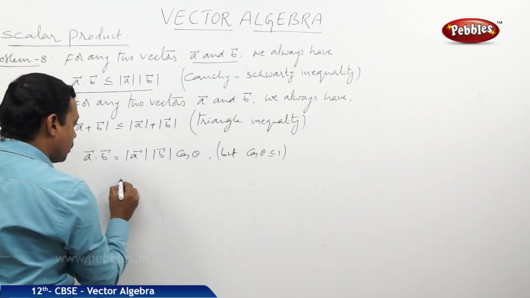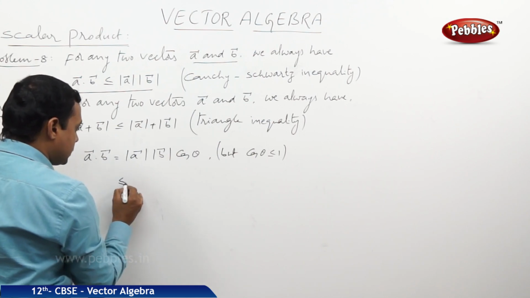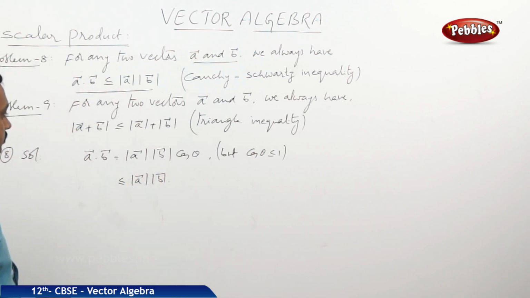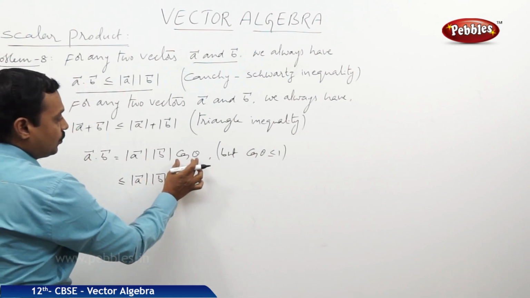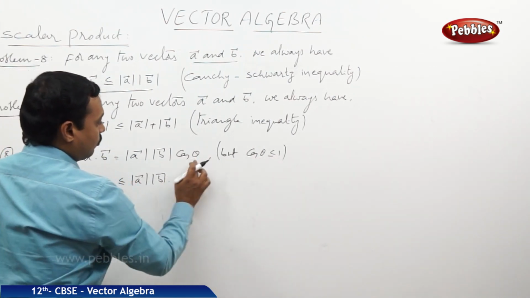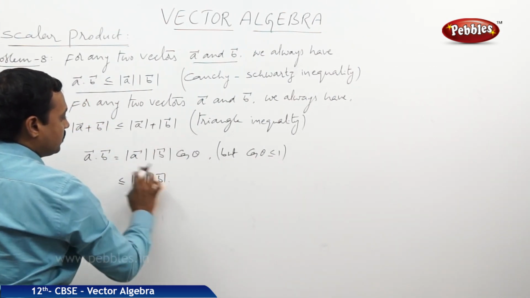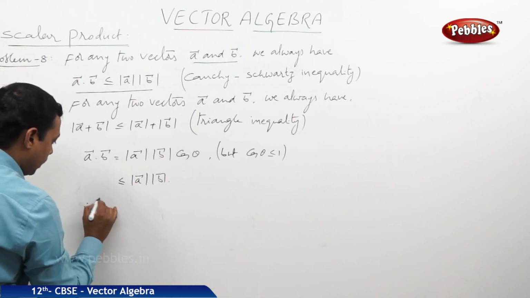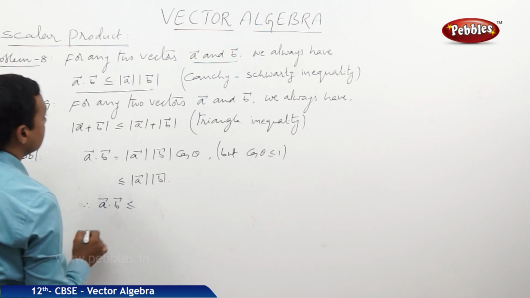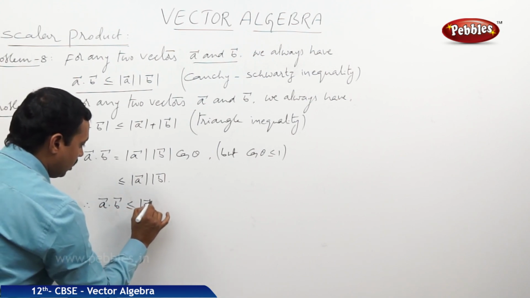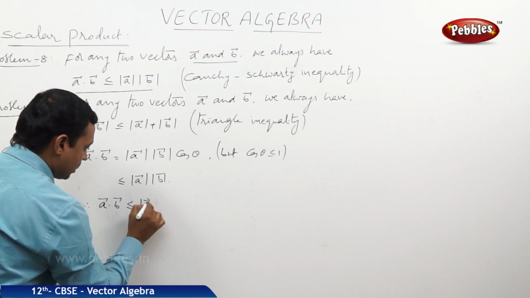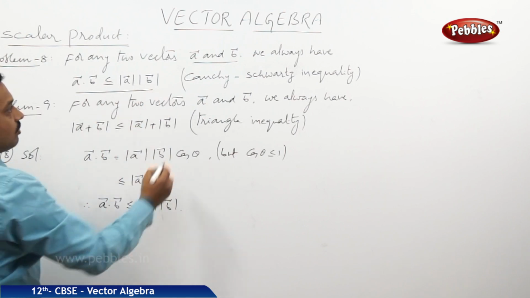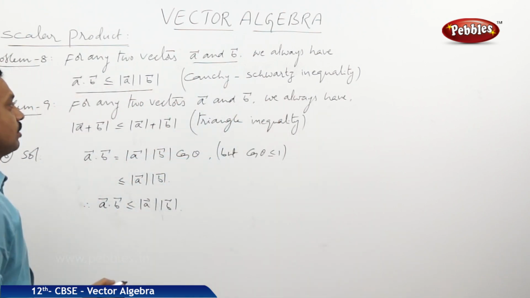Therefore, this product must be less than or equal to mod A into mod B, since it is mod A into mod B into some cos theta value less than or equal to 1. So the maximum value of this entire product is mod A mod B. Therefore, finally, A bar dot B bar is always less than or equal to modulus of A vector, modulus of B vector. This is the first inequality, known as the Cauchy-Schwarz inequality.